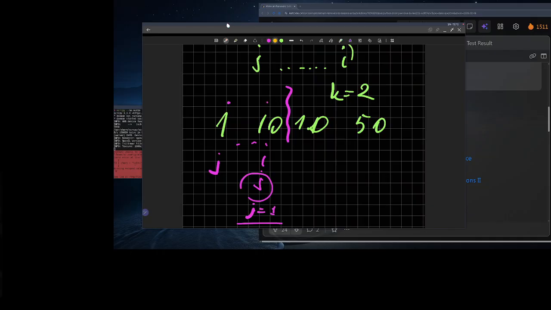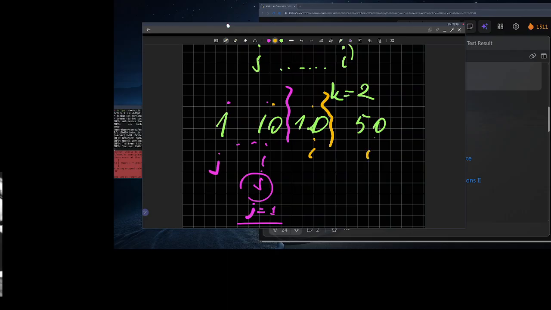Now we're going to the next i, and compare them together, and they are okay. So we don't increment, so the answer is the same.